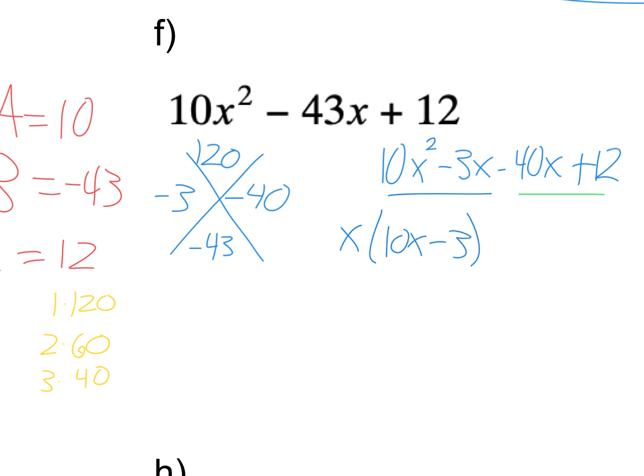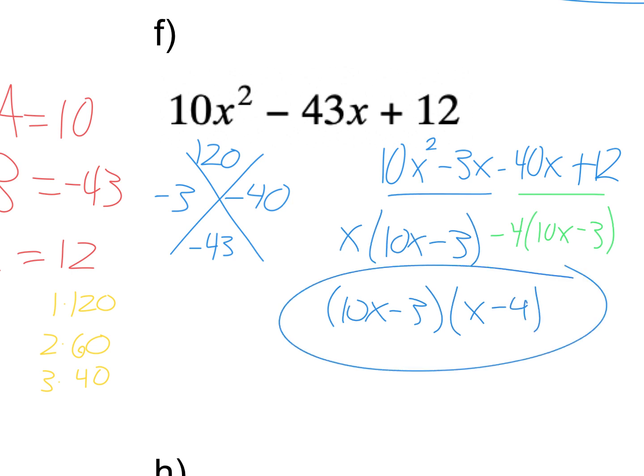In my green group, I want my leading term to be positive, so I can factor out a negative, let's see, 4. And then I have 10x minus 3 again. So looks like we're good. We have our common parenthesis of 10x minus 3, and then the rest of the stuff goes in our other parenthesis, so x minus 4.